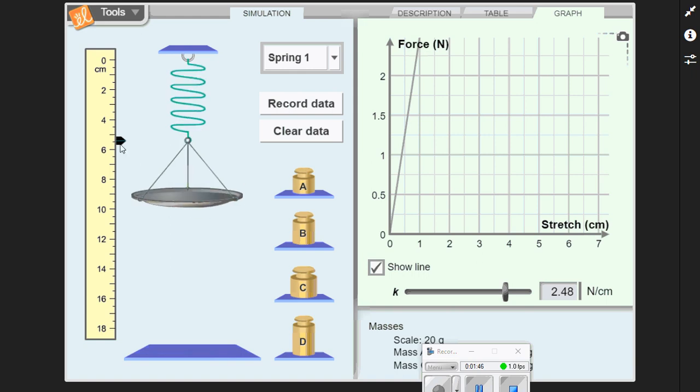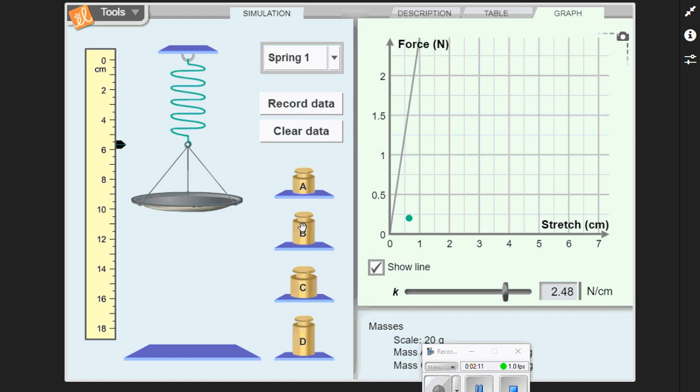And you see that the spring has been stretched. So the force of gravity is being applied to the spring, and it pulls the spring through a displacement. So if a force is applied through a displacement, then work is being done.